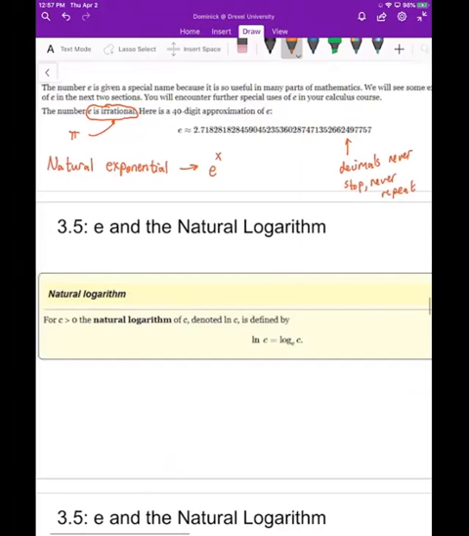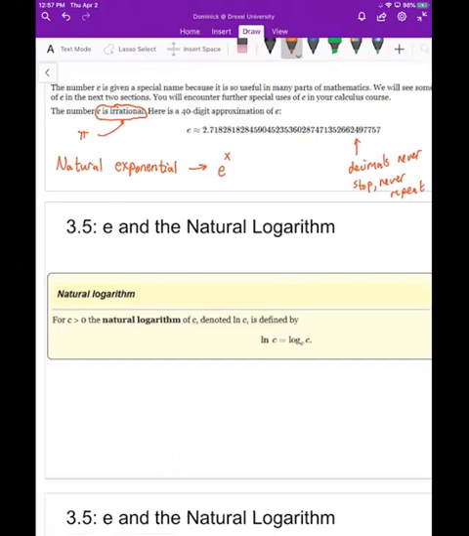All right. Now, the natural logarithm, the next thing that we can talk about, is a logarithm with that number e as its base, right? So if you see ln of x, we mean a logarithm with base e, that number that we've been referring to.